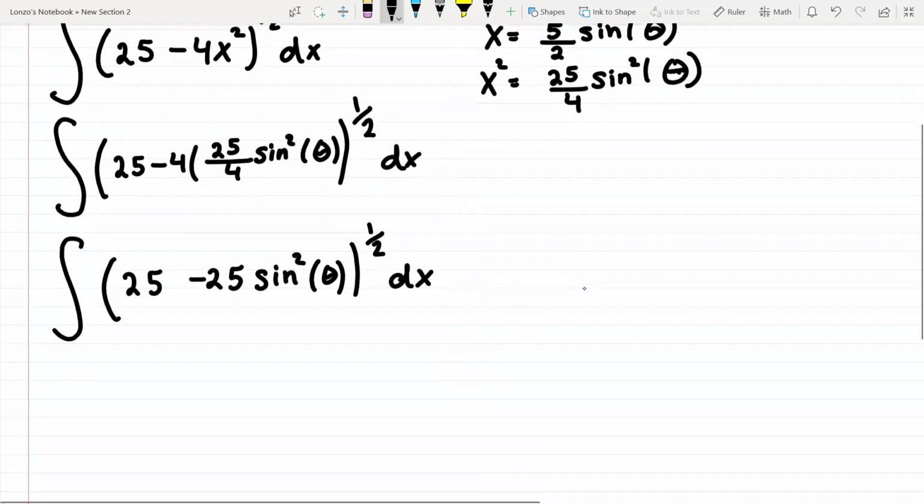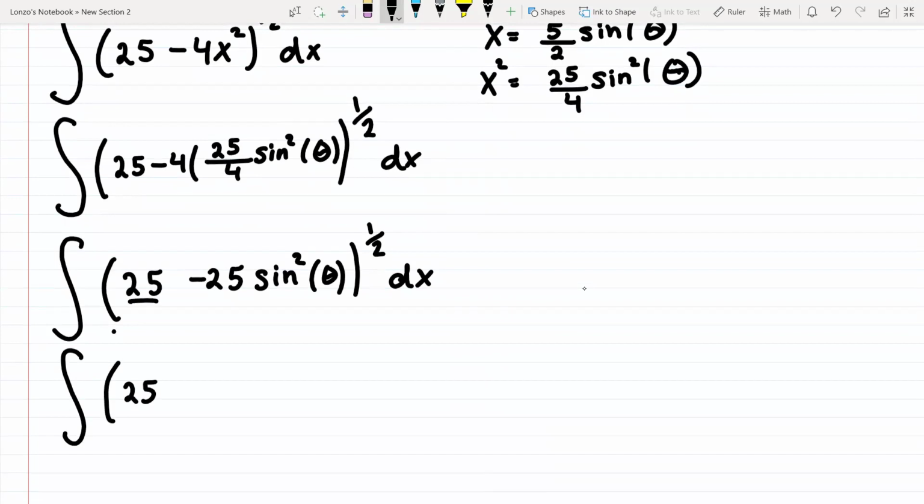So what we do next is, I see we could factor out a 25, so let's do that. So we can factor out 25 from each term. So this would be 25 times 1 minus sin squared theta, raised to the 1/2 times dx.